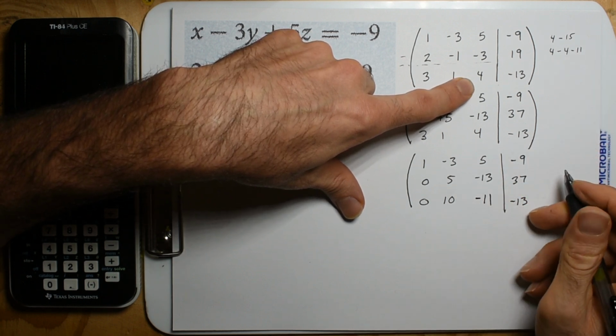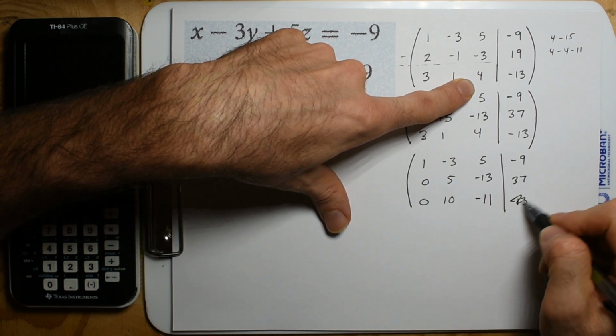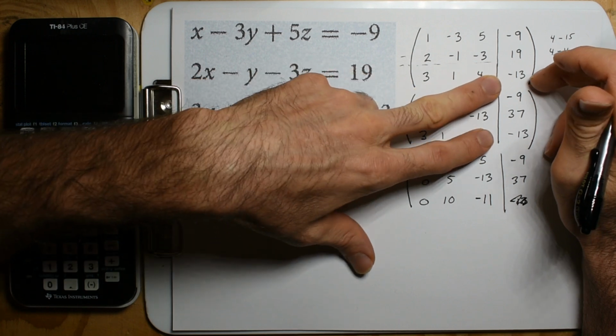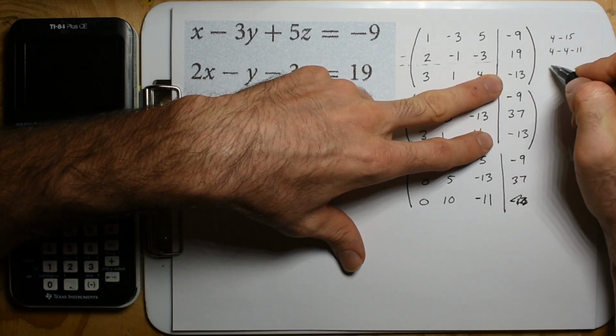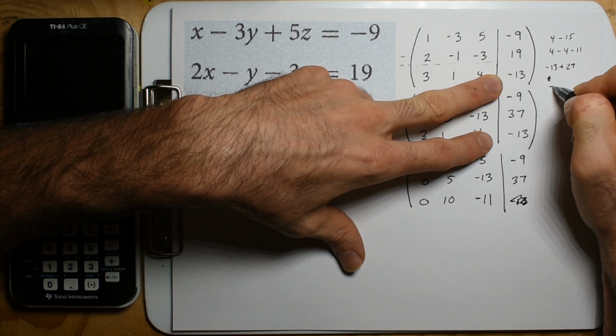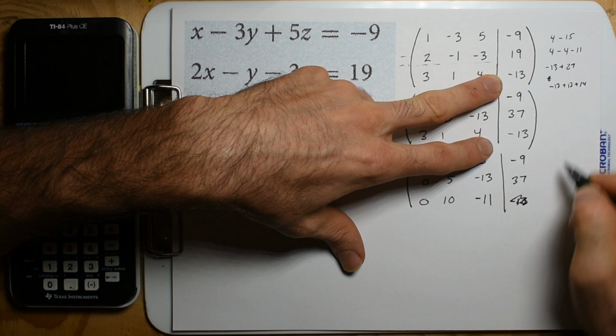Cool. Oh, bummer. I shouldn't have written this one in. My bad. But now we're going to have negative 13 plus 27. That's negative 13 plus 27, which is 14, right? So now we have 14.